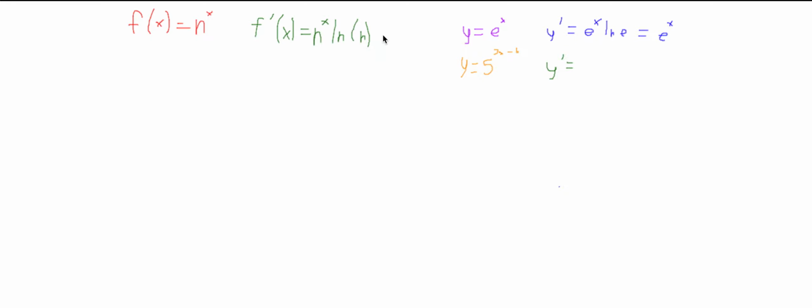We can still follow along with the exponential formula pattern. So we got 5 to the (3x minus 6) times ln 5. That's the outside derivative. Now the inside derivative is going to be 3.